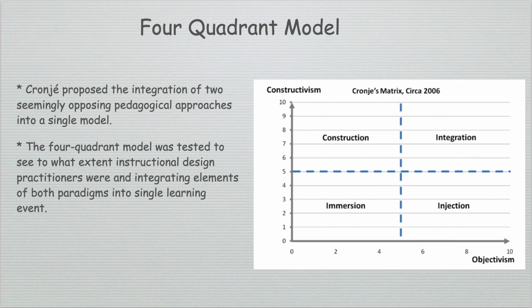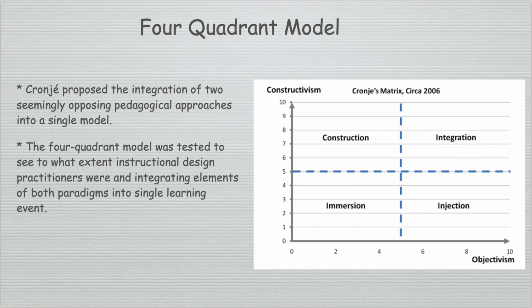Kanye proposed the integration of two seemingly opposing pedagogical approaches into a single model, like I stated before. The 4-quadrant model was tested to see to what extent instructional design practitioners were integrating elements of both paradigms into single learning events.